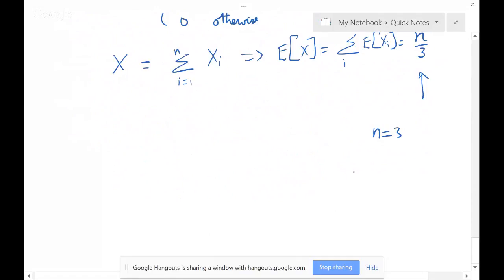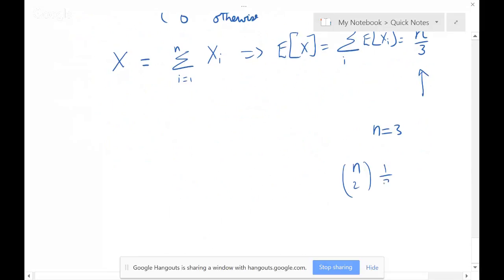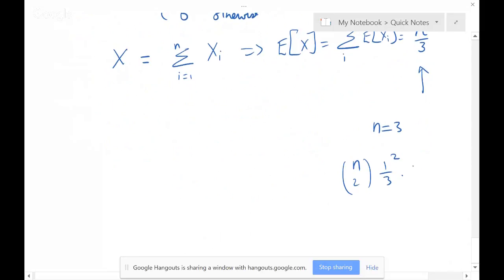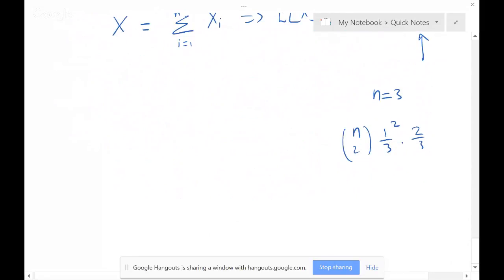Well, that's going to be n choose 2, so basically you choose 2 of them, times 1/3 for those 2 coin flips, and then 2/3 for the tails coming up.